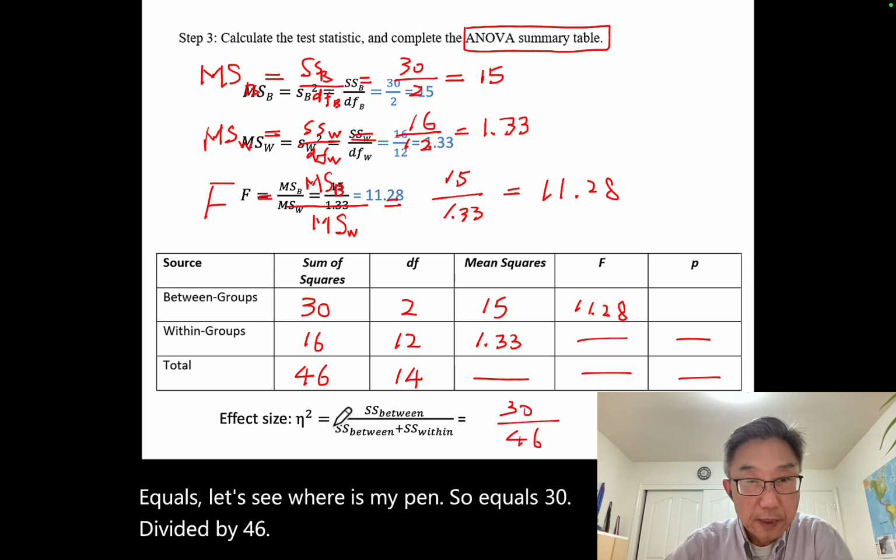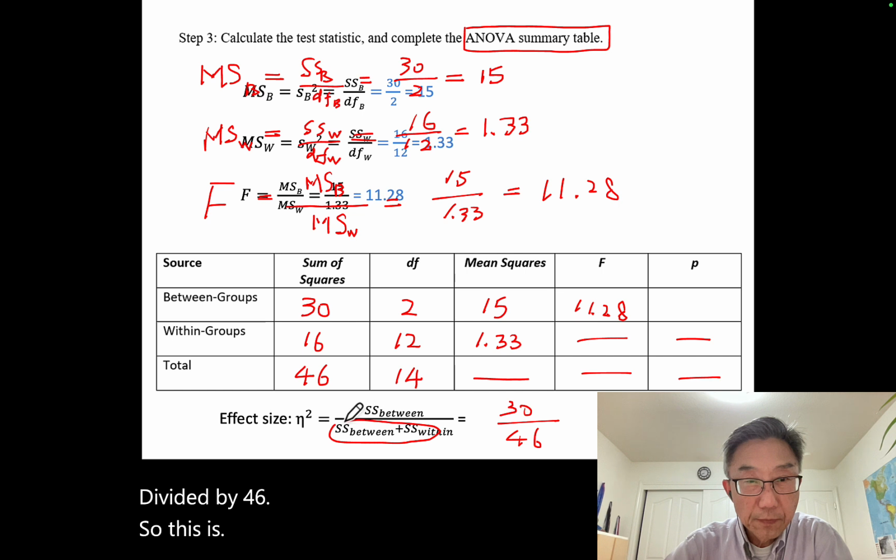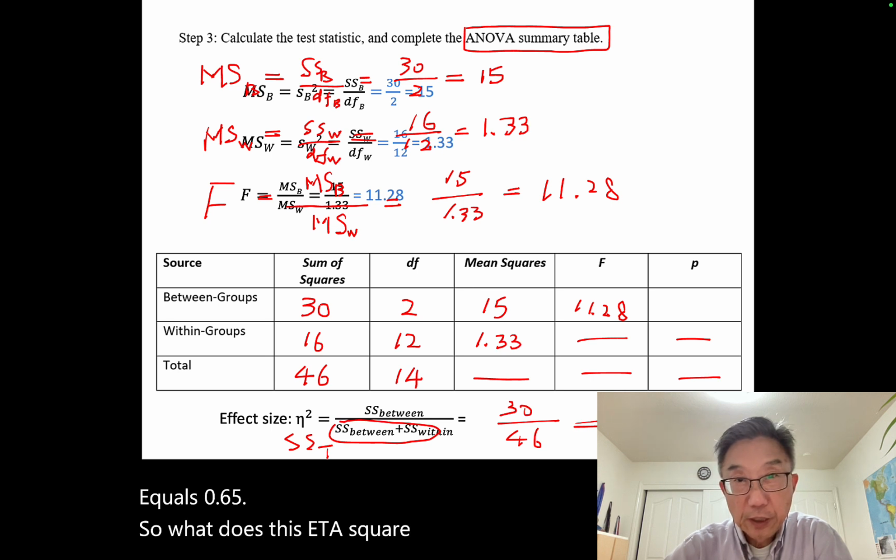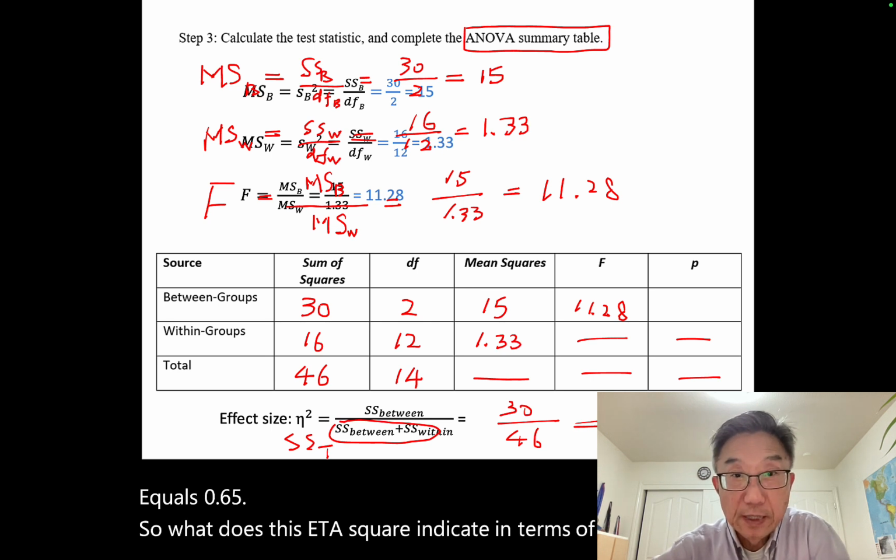So this is SST, right? This is the SST. Equals 0.65. So what does this eta squared indicate in terms of measurement of effect size?